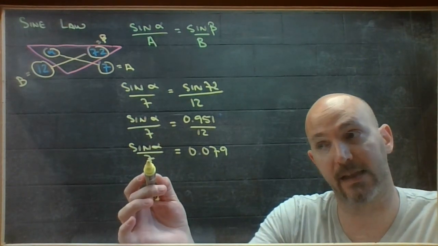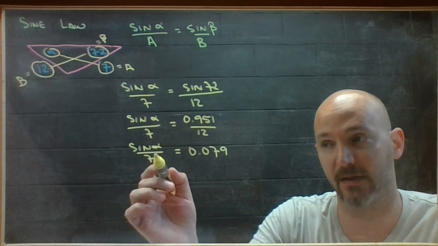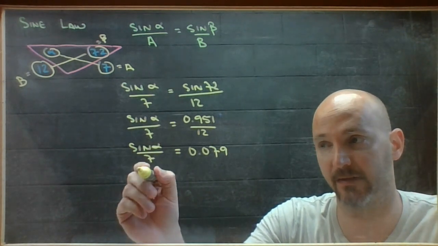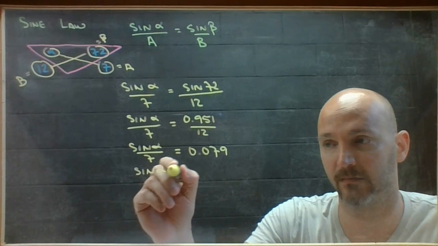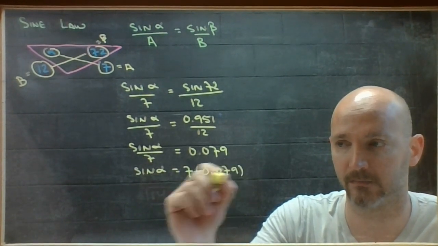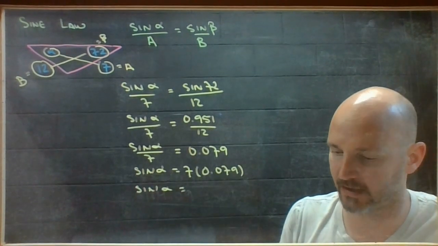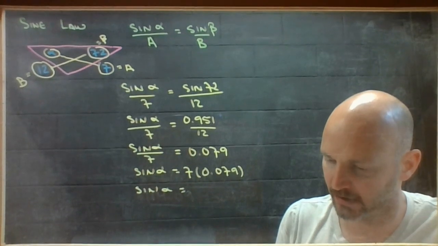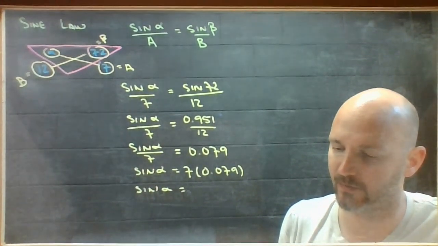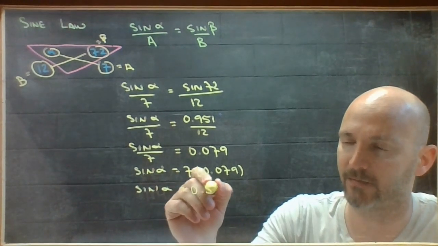I need to get this 7 away from the sine before I can break it with arc sine, so I'm going to have to multiply both sides by 7. And 0.079 times 7 gives me 0.555 if I round.